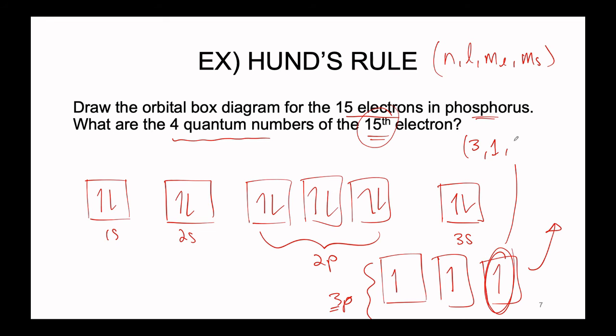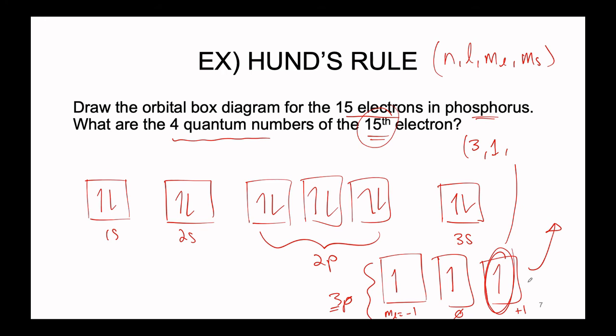Now the m sub l, this is again supposed to represent the orientation of our orbitals in 3D space. Which of the 3 you choose doesn't quite matter, but by conventional standards, when we're working with the p orbitals, we label the m sub l equal to -1 as the first box, the 0 is the central box, the +1 is the third box.